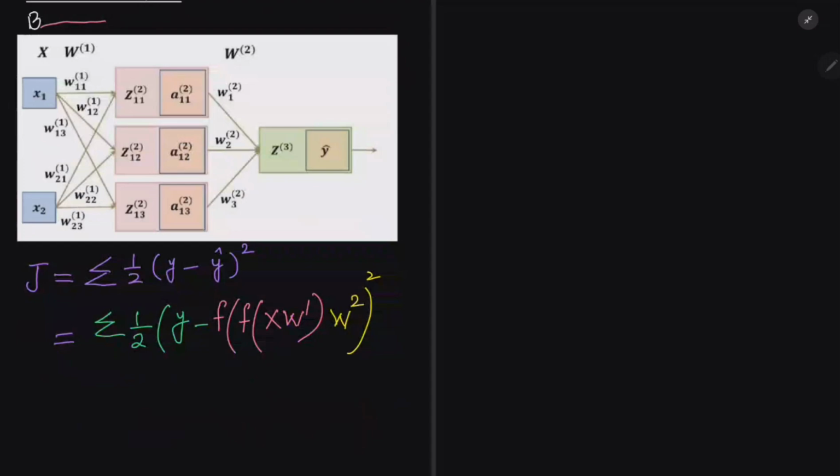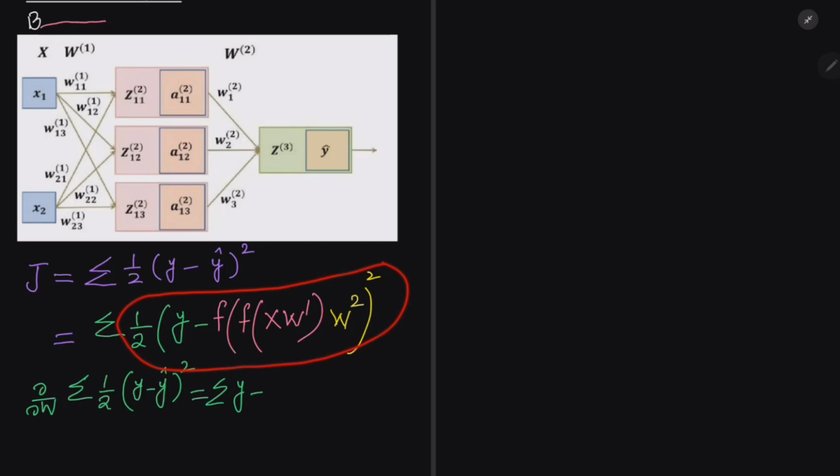Now I need to differentiate partial by partial W, summation 1 by 2, (y minus y hat) whole square. That will be equal to y minus, you need to take a derivative of this whole term over here, and y is just an exact value.